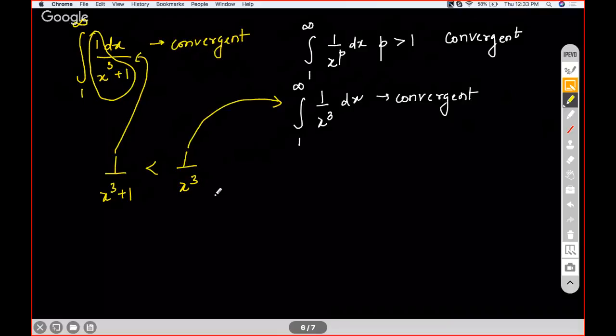So without much hassle, I can claim that this is also a convergent integral. Okay, let's take another one. Tell me whether this integral, sec x by x cube from 0 to 1, is converging or diverging?